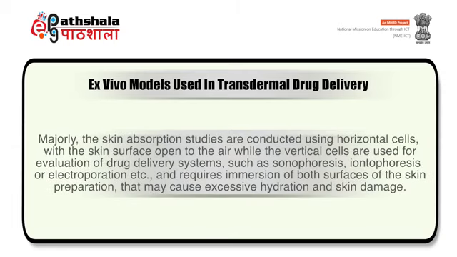Majorly, the skin absorption studies are conducted using horizontal cells with the skin surface open to the air, while the vertical cells are used for the evaluation of drug delivery systems such as sonophoresis, iontophoresis, or electroporation, and require immersion of both the surfaces of skin preparation that may cause excessive hydration and skin damage.